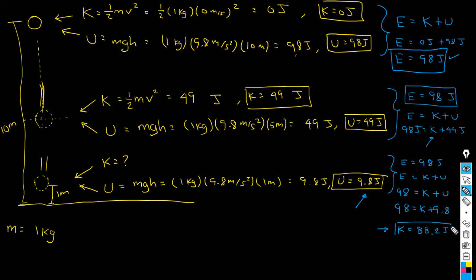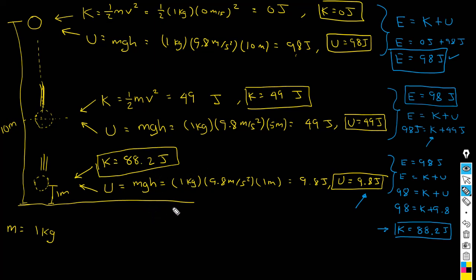Okay? So we have discovered what the kinetic energy of the particle is at this precise moment in the falling without knowing its velocity. You see, that is the cool thing about the conservation of energy. It allows you to do this type of thing without really calculating stuff. Okay, so that's how it works, guys.